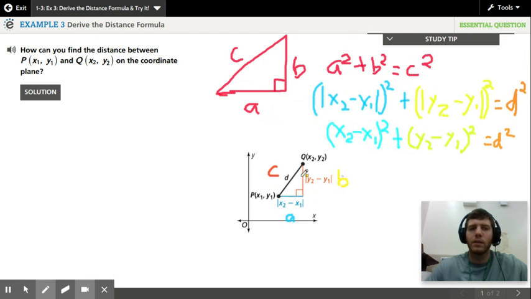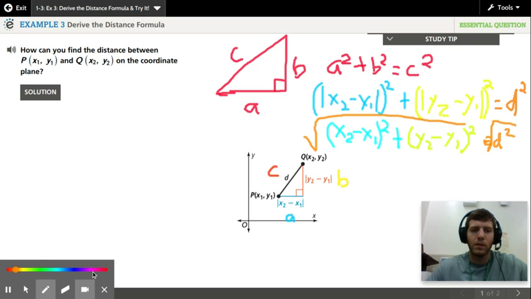All right, well, we want our distance to be distance equals, and d is our distance, so we want to get rid of that square. So to get rid of a square, we've got to take the square root of both sides. So we can take the square root of both sides here. All right, and what we're left with, I'm going to write it over here then. I'm going to switch the d to the other side. Square root of d squared is going to be d.